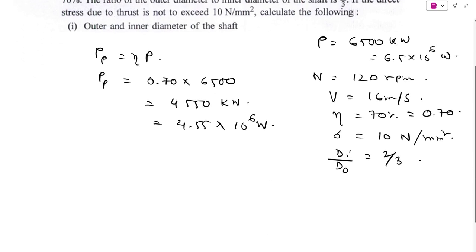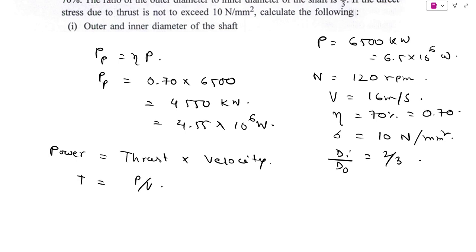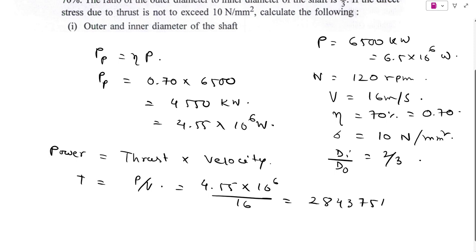Now calculate the thrust. We know power is thrust into velocity. So therefore, T equals P by V. So substitute the values here: 4.55 into 10 to the power 6 by 16. So this is 284,375 Newton.